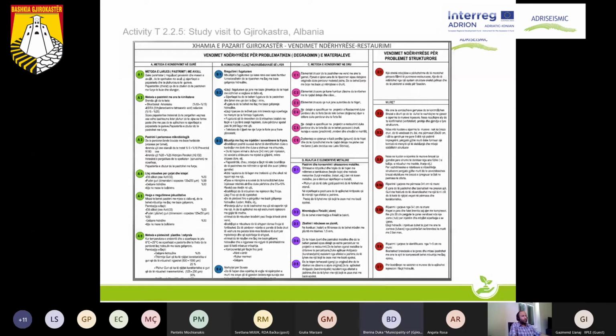Under D2 we have the preservation of the finials. Under D3 we have the application of the iron cover, and under D4 we will remove all the metal frames, and we will replace them using the same way and the same methodology according to the details that they had in the original building.